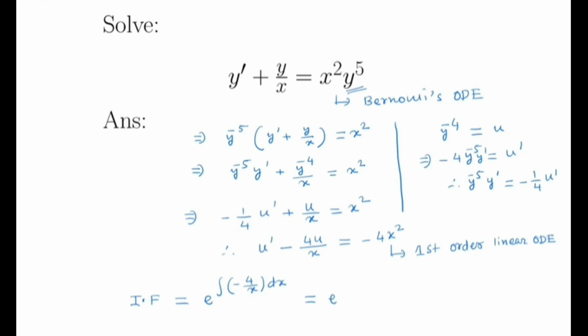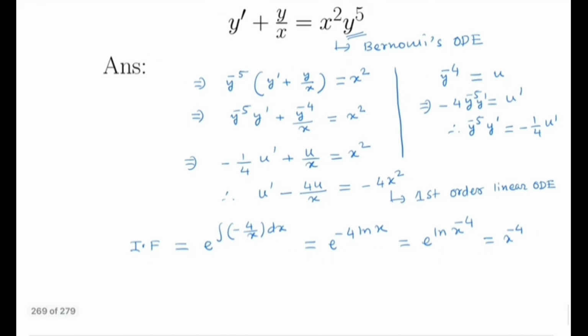So this will be e power minus 4 ln x. And e power minus 4 ln x is nothing but e power ln x to the minus 4, which is nothing but x to the minus 4 only. So we get the integrating factor.